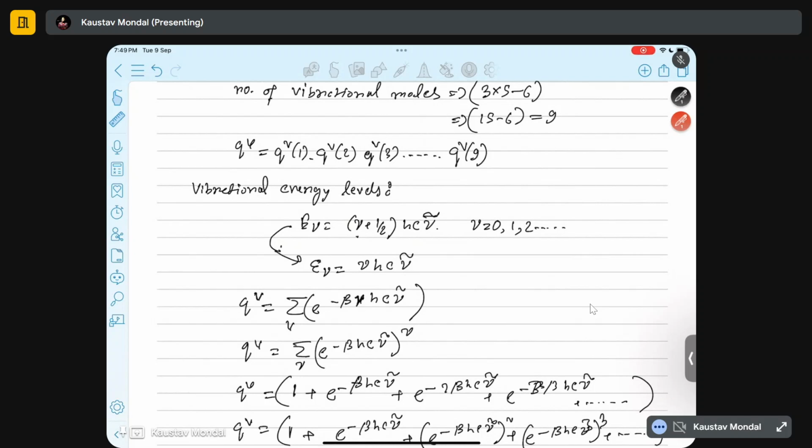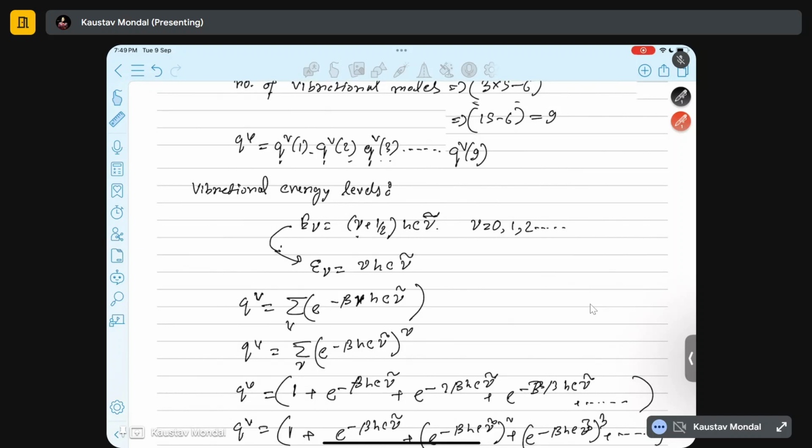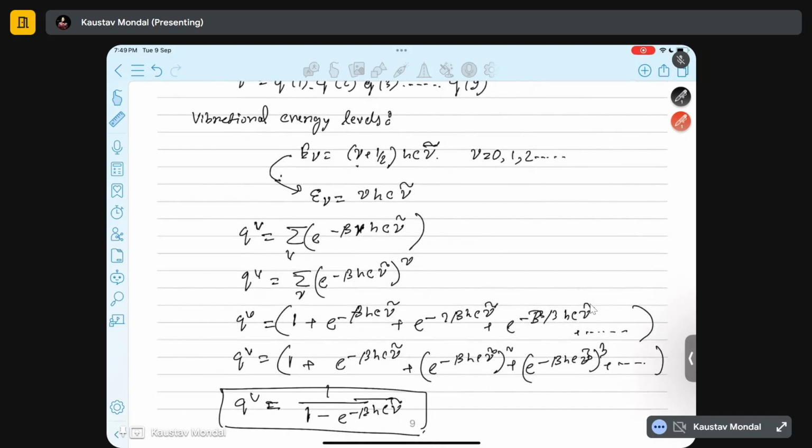Here I have not mentioned it, but we have neglected the anharmonicity of the energy states and approximated it as a harmonic oscillator.